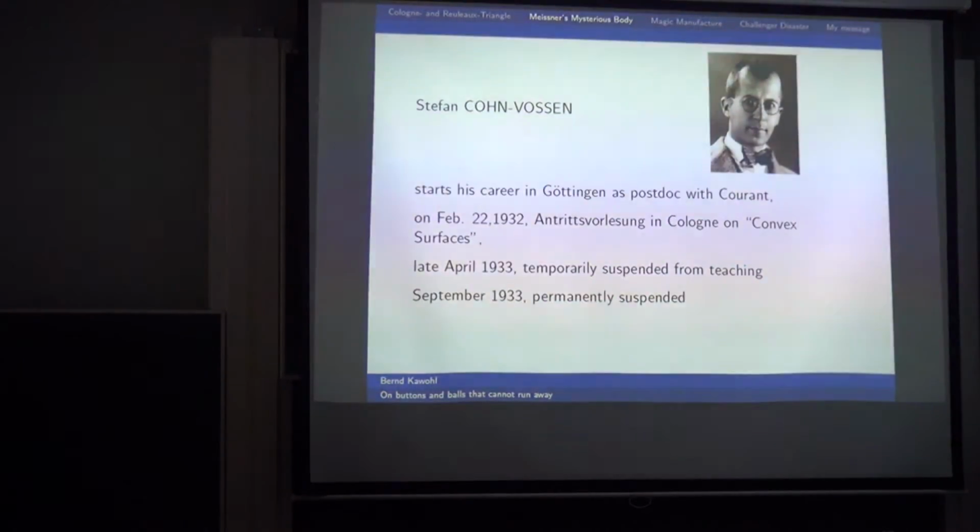So there was no way for him to work in Germany any longer, and he went first to Switzerland, where his parents-in-law lived, and tried from there to emigrate to various countries. He was good friends with Hopf, and Hopf knew Alexandrov, the topologist from St. Petersburg. And so he came to Leningrad, first to Leningrad, and then later he moved to Moscow. And he died 1936, when he was 34 years old.